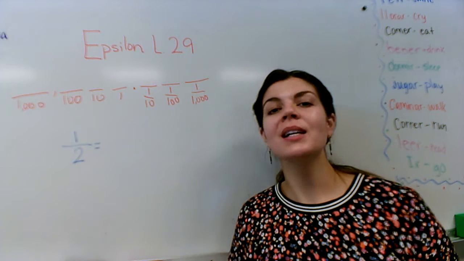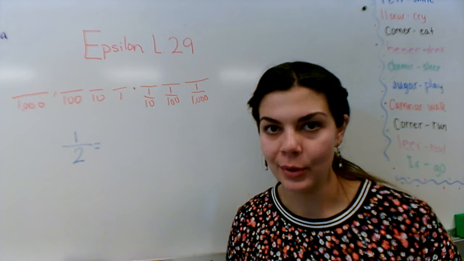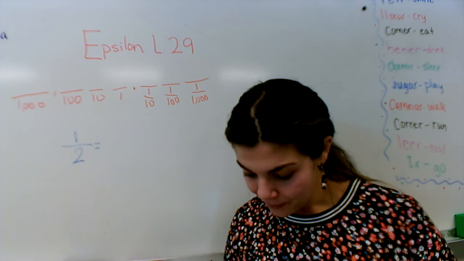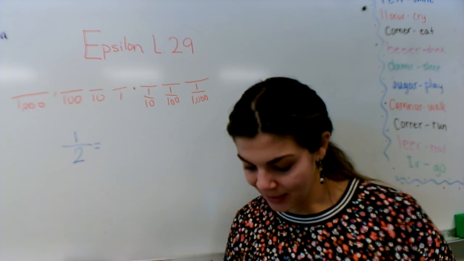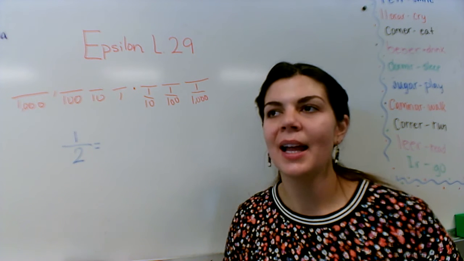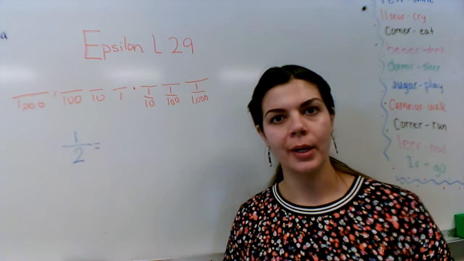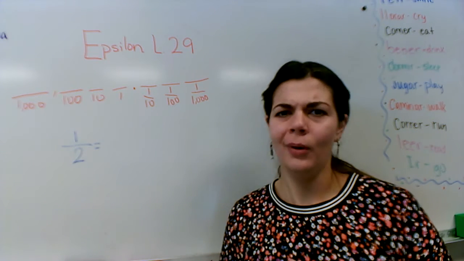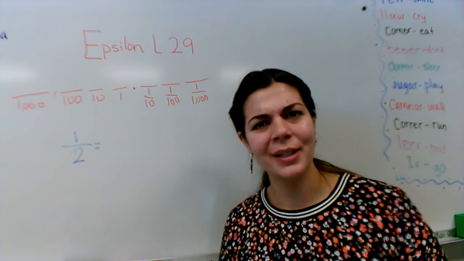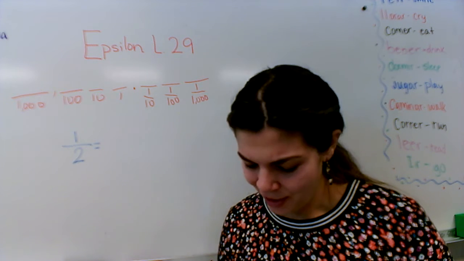So the first thing I'm going to talk about with decimals is that a decimal is like a fraction without a denominator and a numerator. What does that even mean? It is though. All right.